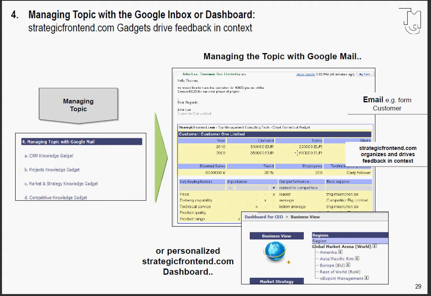If this functionality is not activated, you always have a personalized strategic front-end dashboard where you can manage your daily progress in implementing the topic, and also see what you have planned and what you have achieved so far.